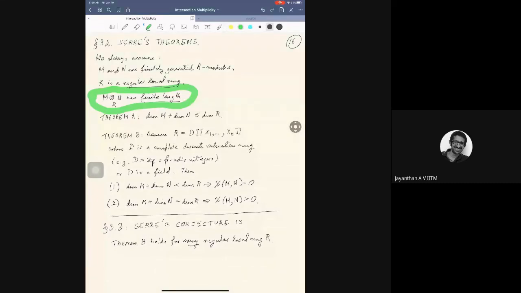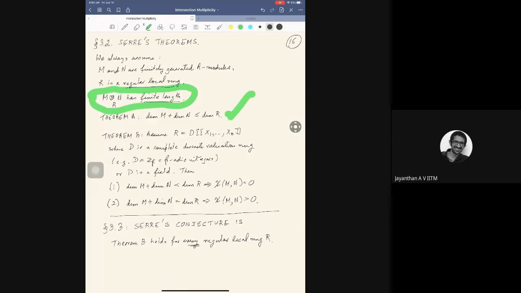The thing is, we don't have products anymore. At least we can always take products over a field. If you take products over something like p-adic integers, dimensions don't add up, excuse me. Okay. So he says this is always true.